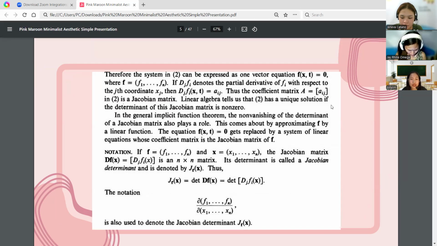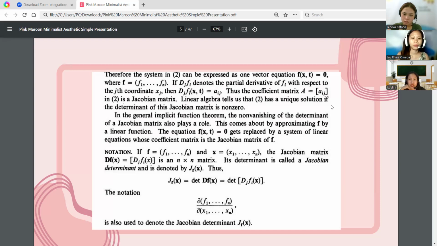Therefore, the system 2 can be expressed as one vector equation f(x,t) is equal to 0, where f is equal to (f_1 to f_n). If D_j f_i denotes the partial derivative of f_i with respect to the jth coordinate x_j, then D_j f_i(x,t) is equal to a_ij.